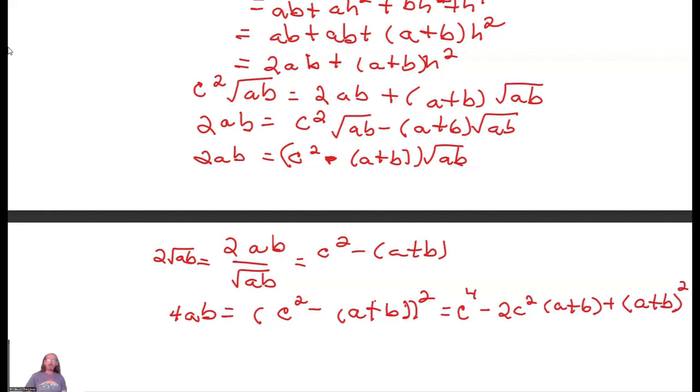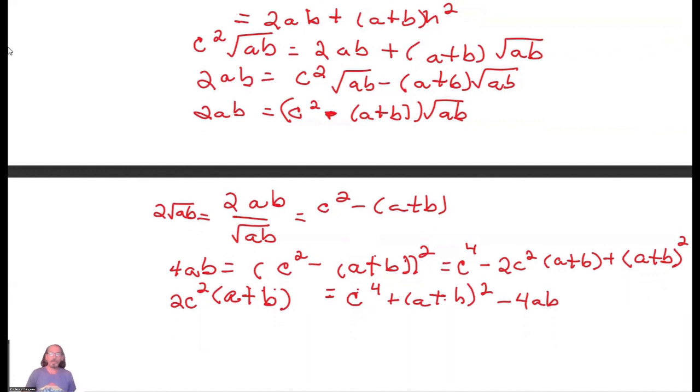I'm going to add 2c squared quantity a plus b to both sides and subtract 4ab. Multiplying out the quantity a plus b getting squared.